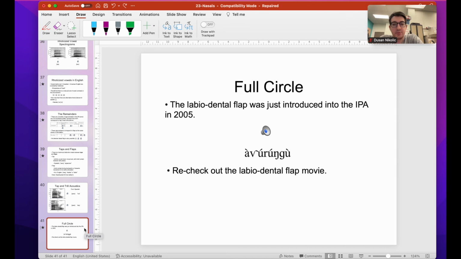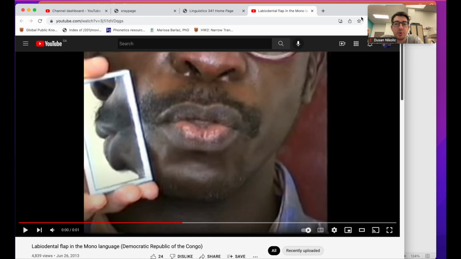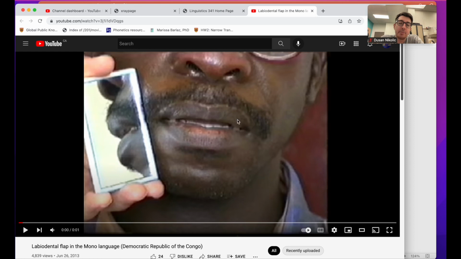We remember that we started our class with the labiodental flap, and this was the last symbol that was introduced to the IPA. If you remember, we played this labiodental flap movie for you, whereby this person is producing a labiodental flap, when his lip is going back and forwards and then making contact with the teeth.